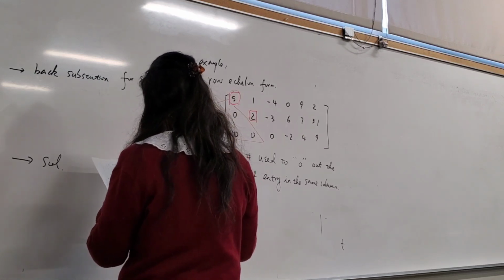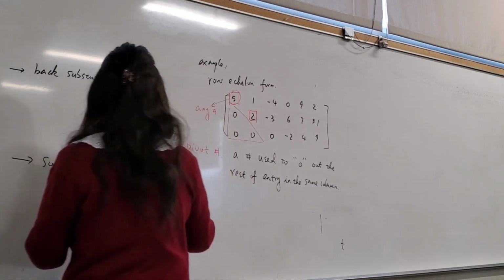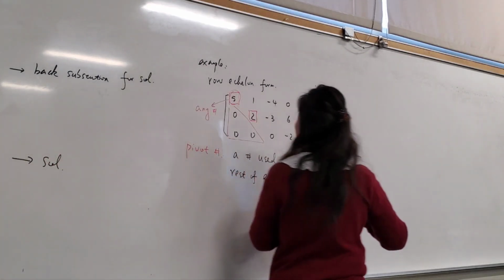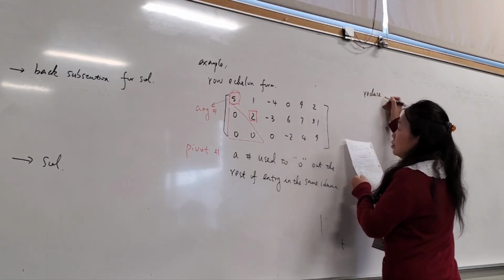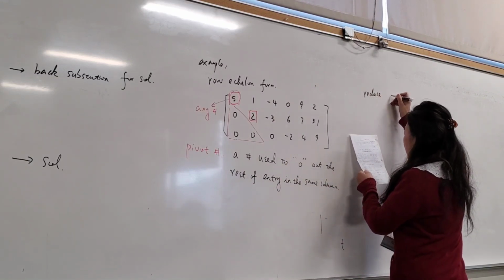Let's see another one. This one is for reduced row echelon form.